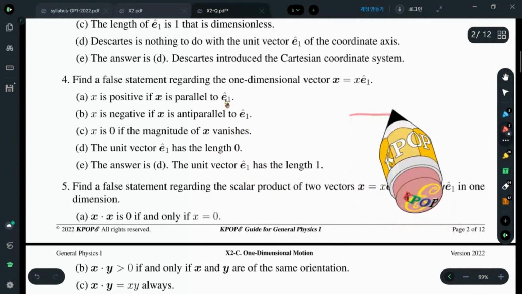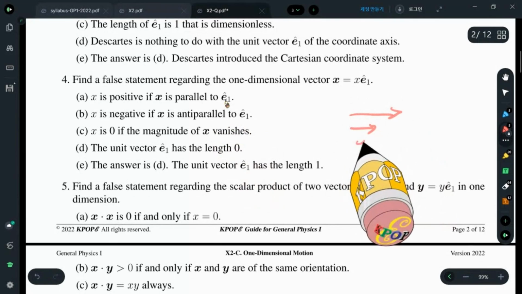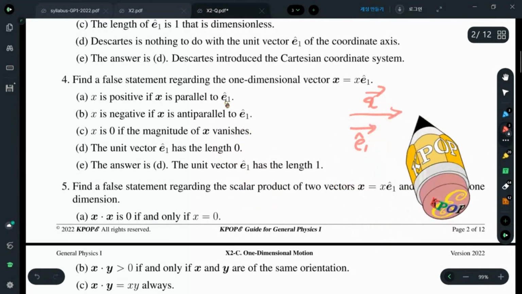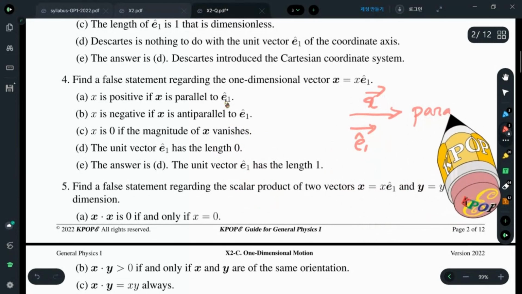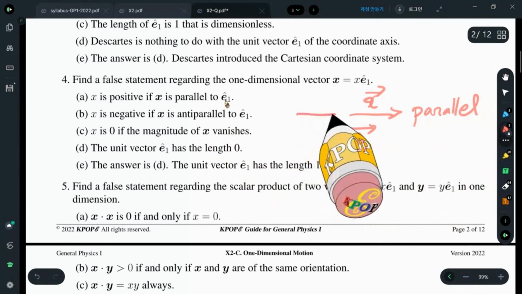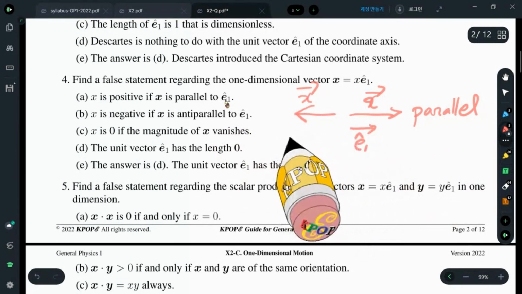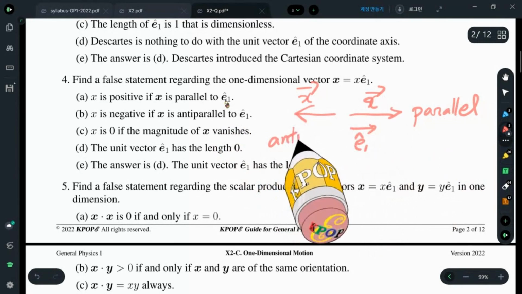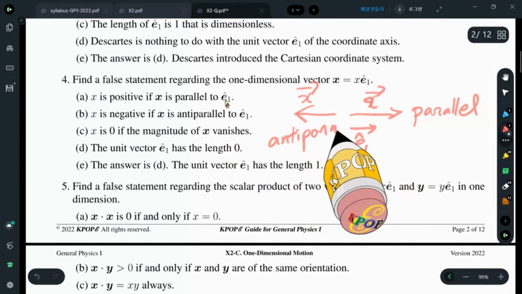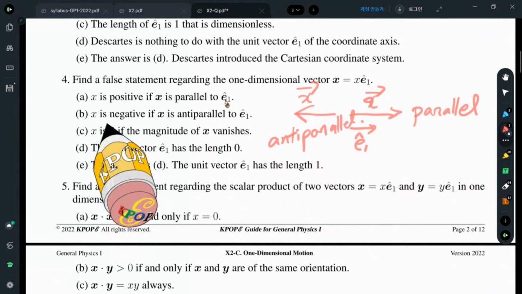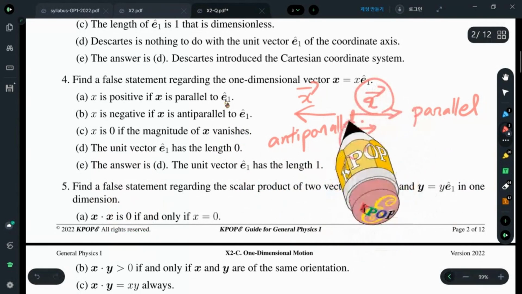In one dimension, we have E1 hat. X is either parallel or, in this case, in the opposite direction, anti-parallel. So it is along this direction.